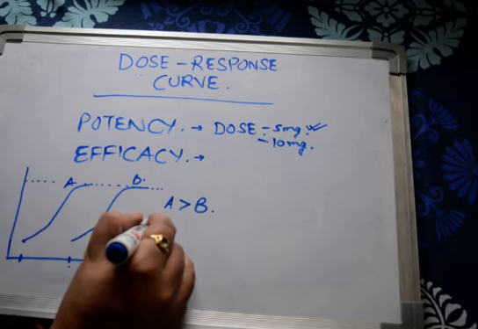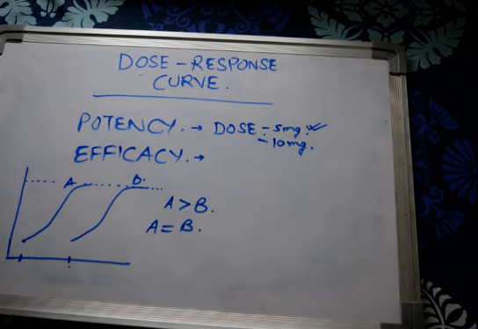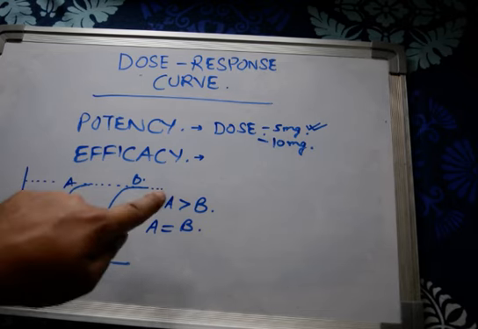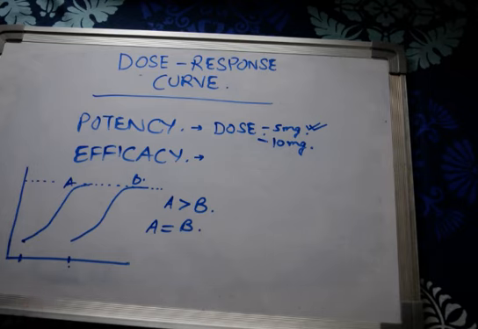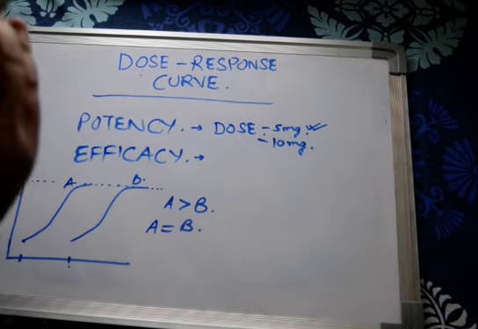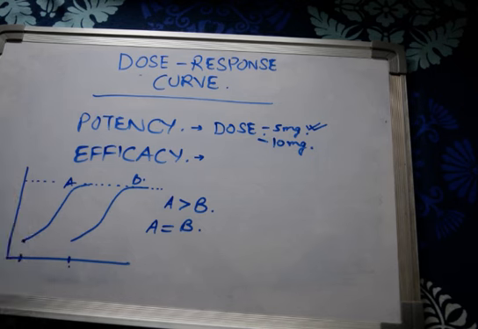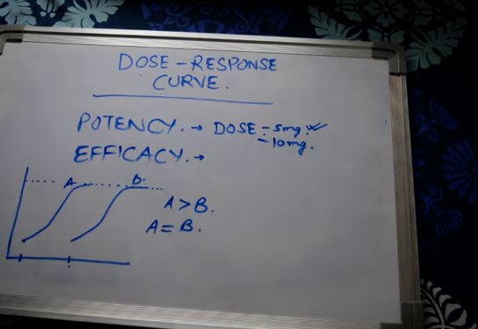So efficacy wise, drug A is as efficacious as drug B, because the maximal response is same. So efficacy is the maximal response which can be produced by the drug irrespective of the dose. Okay, and potency is related to the dose actually, because the drug which provides you a particular response at a lower dose would be called as more potent.